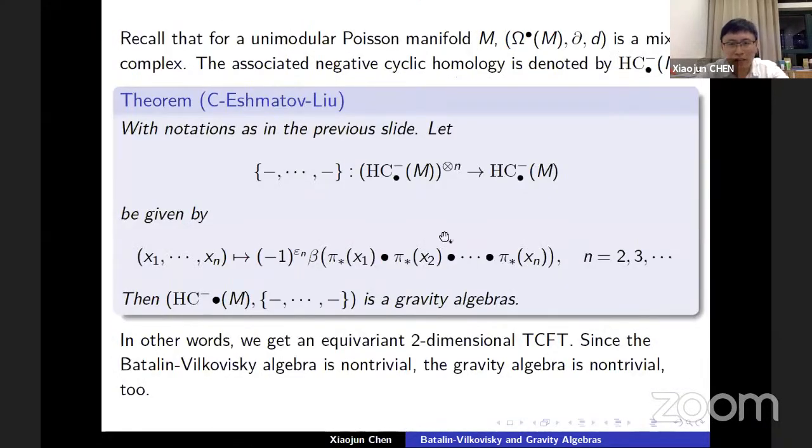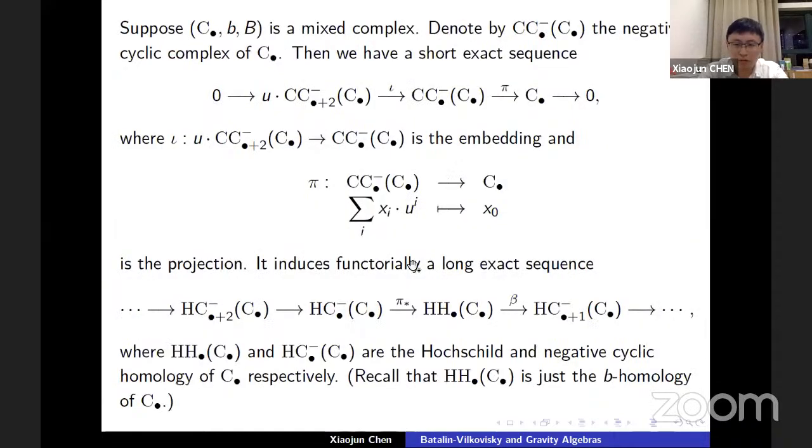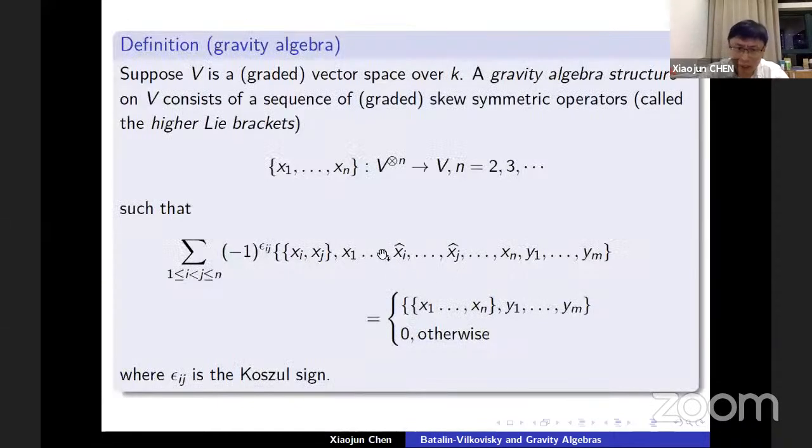If you have three terms x1, x2, x3, then this is exactly the Jacobi identity. So a gravity algebra consists of a substructure which is a Lie algebra. So it has more brackets.